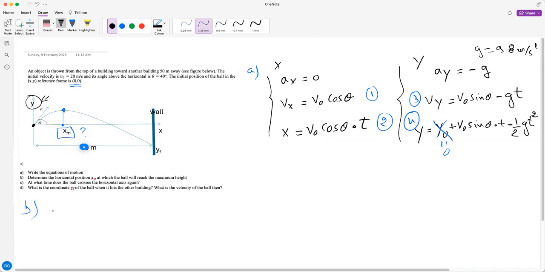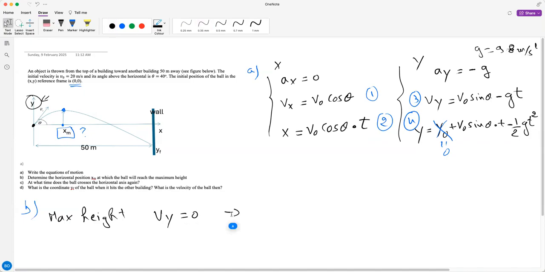We know that the maximum height is reached, for this projectile motion and also for a free fall object, when the velocity along y is equal to 0, because the object is going upward, then it loses its velocity, becomes 0, and then it goes down. So the upward velocity is equal to 0.